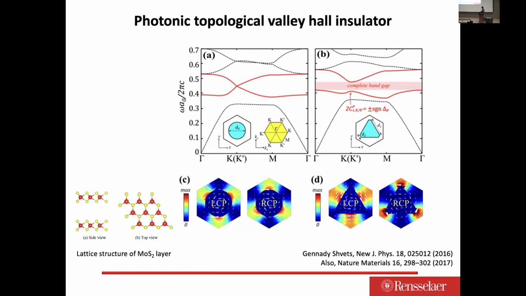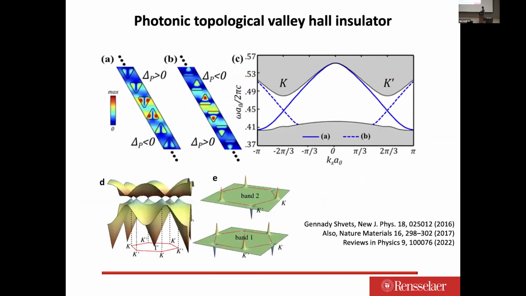But if you break the symmetry to make a larger atom and a smaller atom, you essentially construct an artificial MoS2 lattice. Then left and right circularly polarized light behave differently, and you open a complete band gap for the topological state to emerge. If you bring these two states into an edge, they have different edge states showing up.